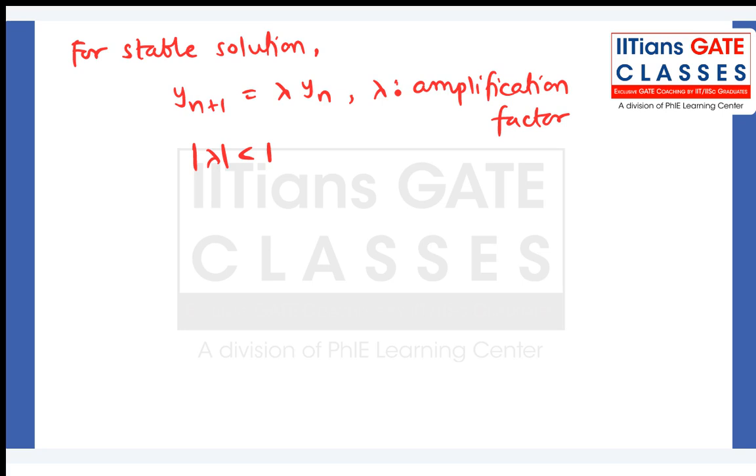In a sense, it means that as you proceed with each time step, your solution is converging to a final solution. It's not diverging. If lambda is greater than 1, or less than minus 1, then with each step you are not converging towards a finite value. You are diverging or oscillating. That is the interpretation.